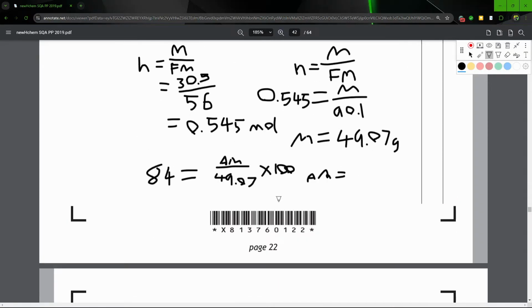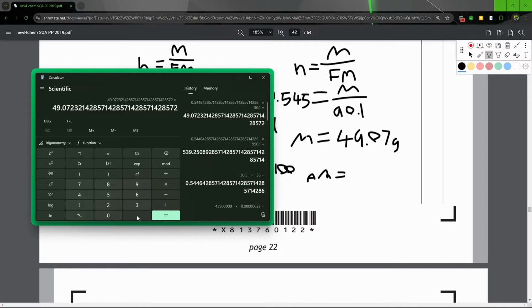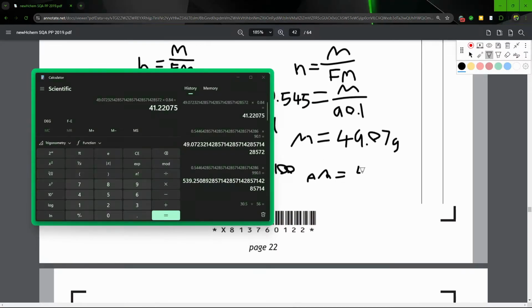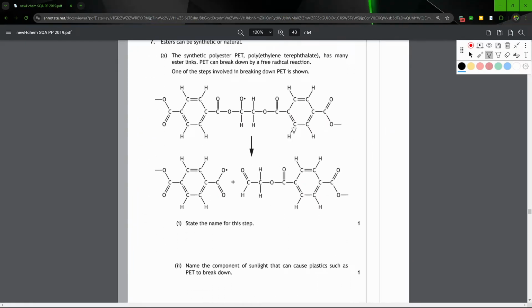Basically what I'm going to do is turn this into a decimal form. So we use 0.84 to get rid of the 100, and then we're going to times it by our theoretical mass. So 0.84 times 49.07, and that gives us 41.2 grams. And there we are. Oh, that was a long one.